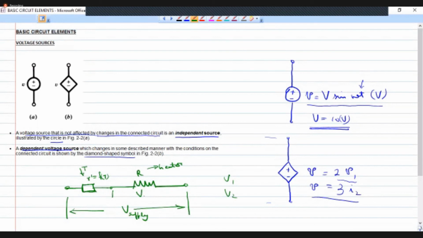So V dash can take two values corresponding to R1 dash and R2 dash, where R1 dash is greater than R2 dash. So more voltage will come across, so that more heat will be produced by this heater.